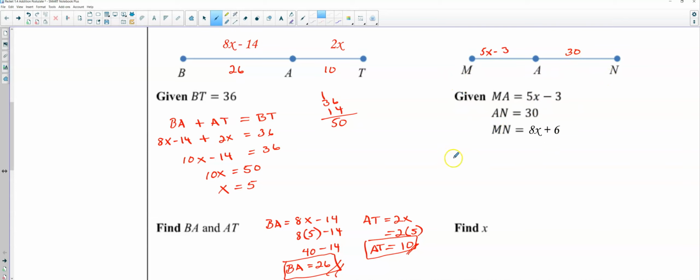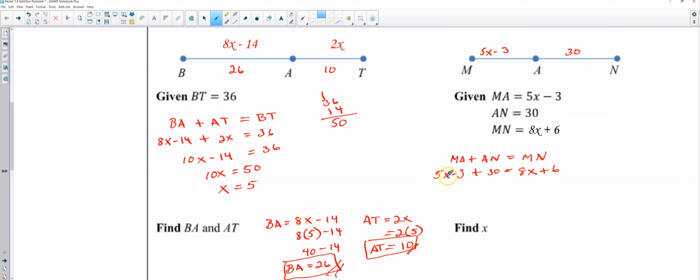So I can say that MA, by the segment addition postulate, plus AN equals MN. So I substitute 5x minus 3 for MA, plus 30. See how simple this is? Equals 8x plus 6.